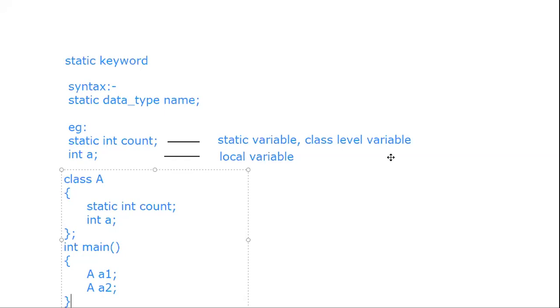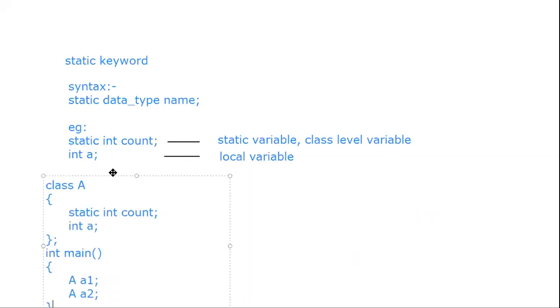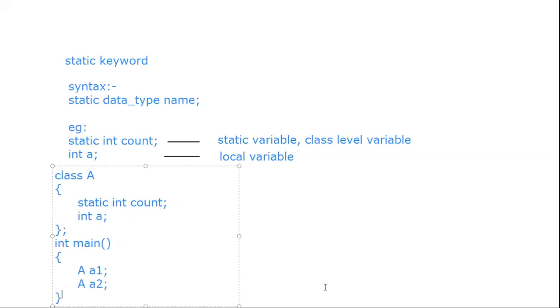Now tell me, as per the definition of a static variable, what does it say? A static variable is created only once. Whatever objects are created for that class, only a single copy is created for that static variable.